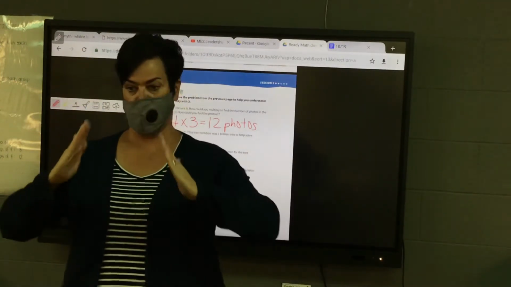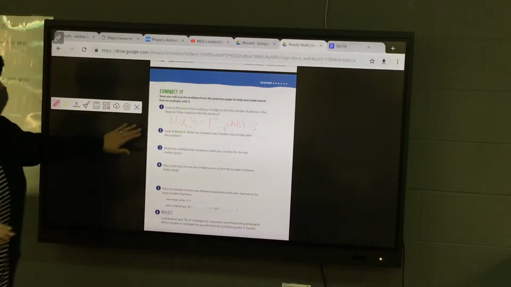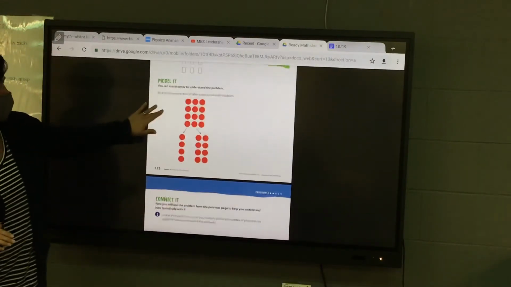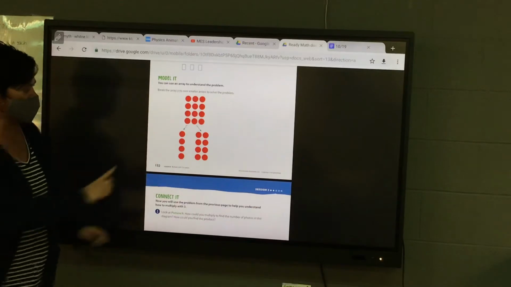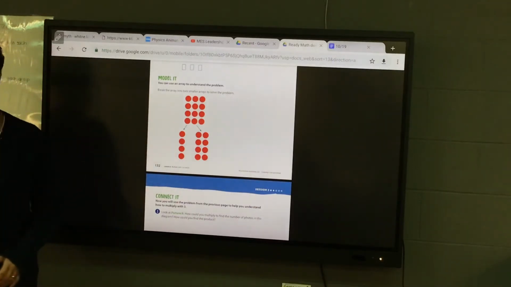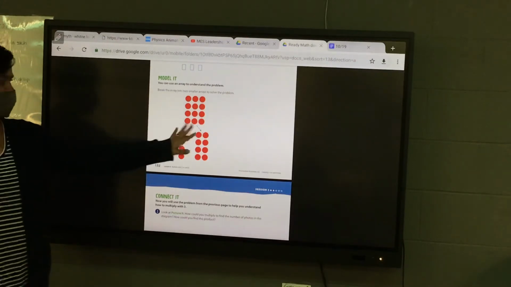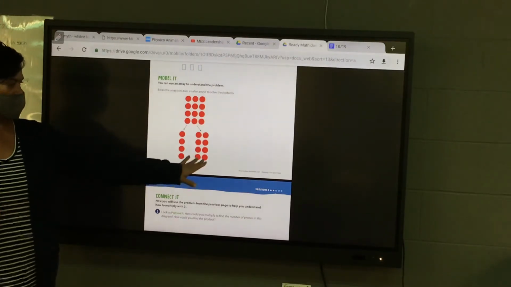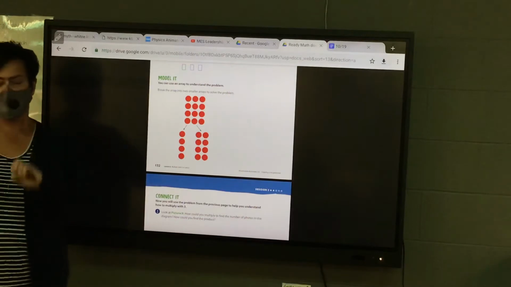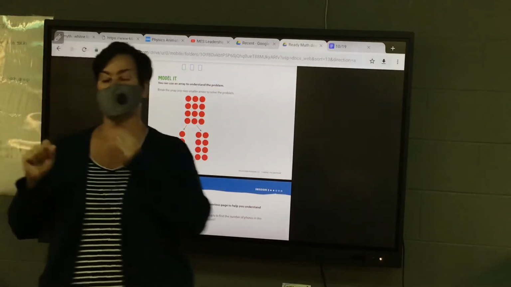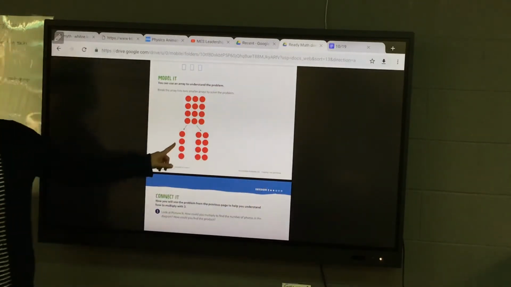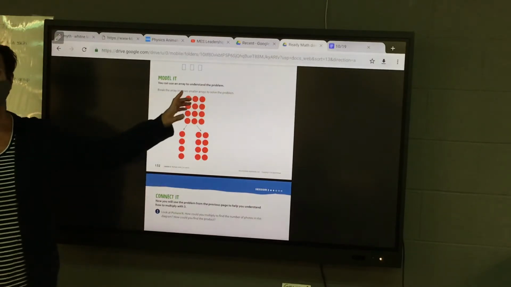Now look down. Are there 3 in each row now? No. How many are in this row? 1. And how many are here? 2. So they broke 3 apart into 1 and 2.